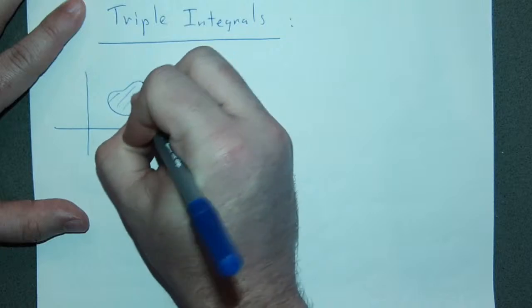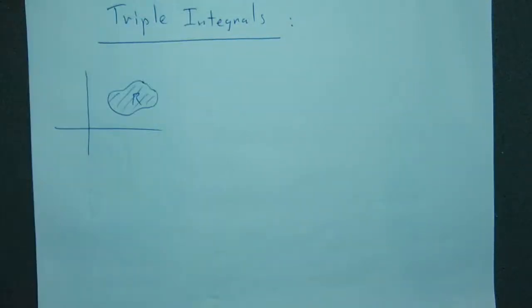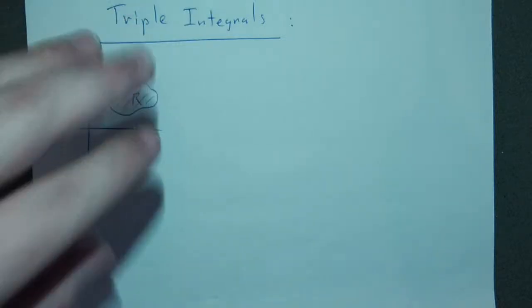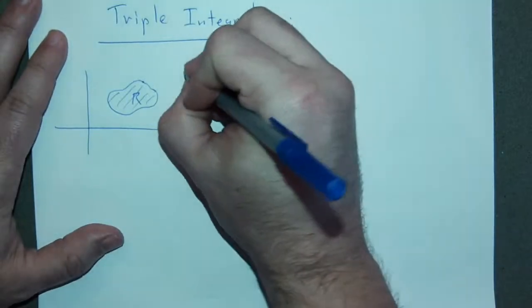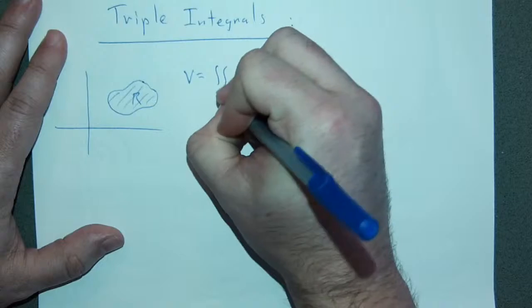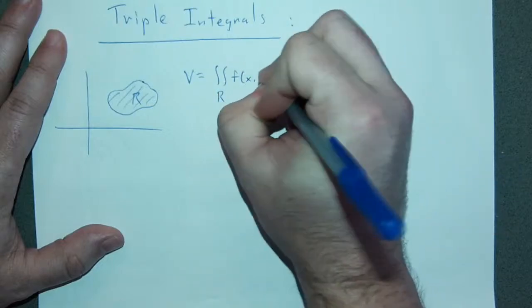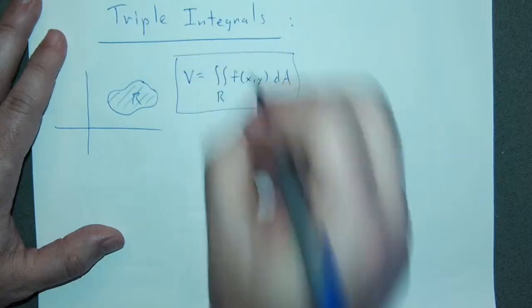So here's my region R in the xy plane. Above this region R, there was a graph of a function in space, so some f of x, y. And I wanted to compute the volume of the solid region in space that was bounded above by the graph of that function, below by this region R in the xy plane, and whatever that volume is, it was computed by this double integral.